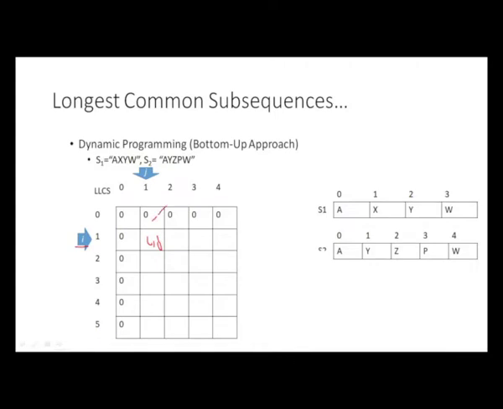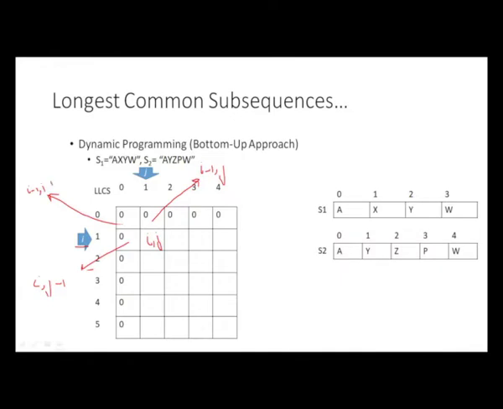Then this cell here would be indexed as i minus 1 comma j, this one here would be i comma j minus 1, and this one here would be i minus 1 and j minus 1.